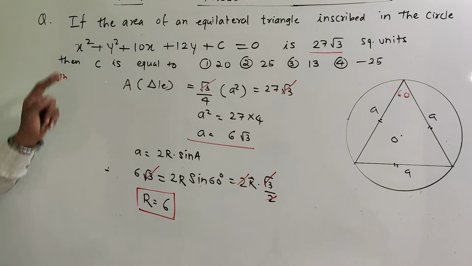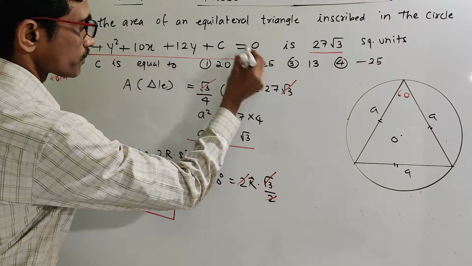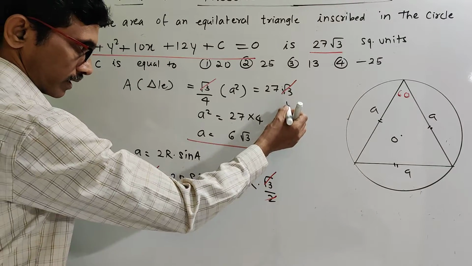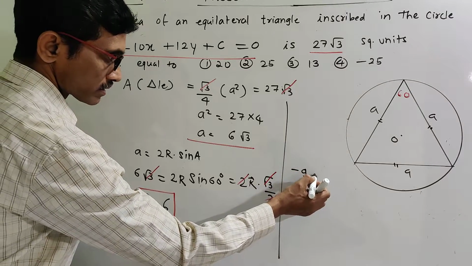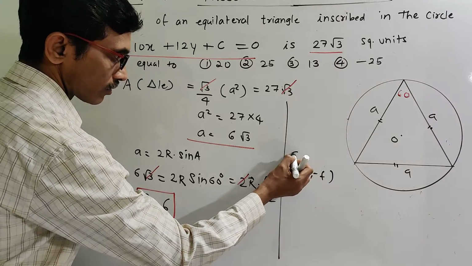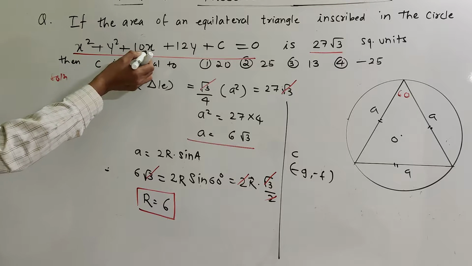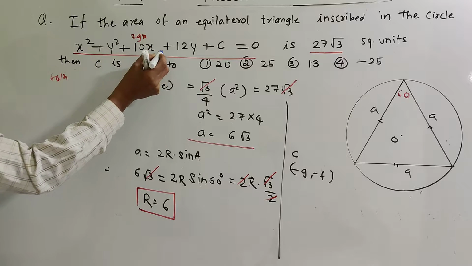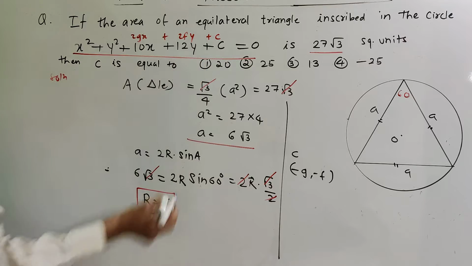Now we have been given the equation of the circle. From the equation of the circle we find the center and radius. The center of the circle is given by (-g, -f). See, the equation of the circle is x² + y² + 2gx + 2fy + c.